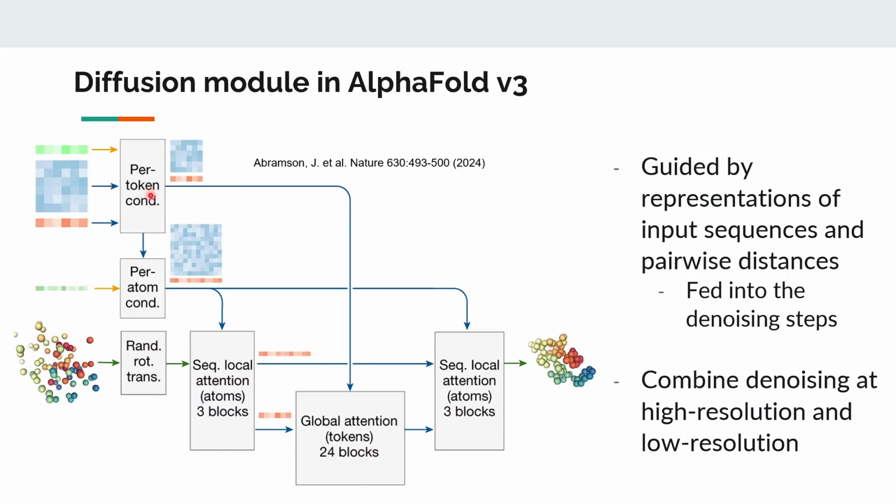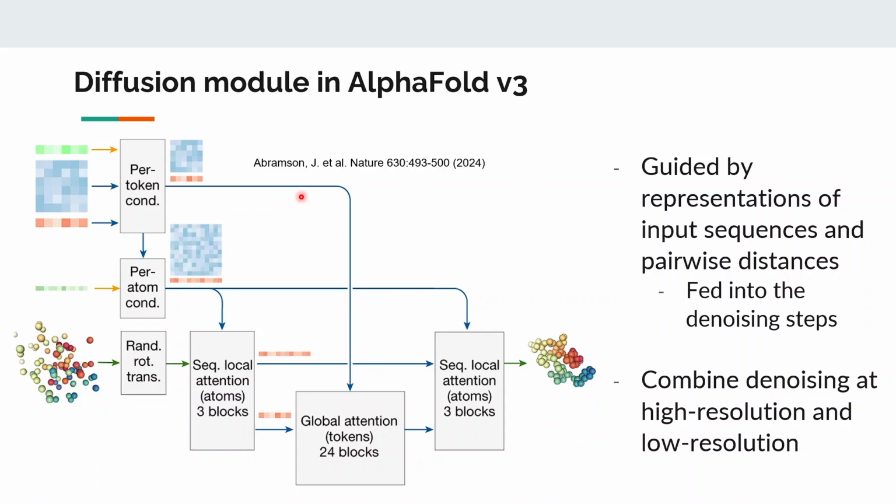And if you go to that paper, you're going to see this diagram that tells you that the information about sequence alignment, information about distance constraint is going to point to this diffusion process to condition the generation. Like from random positions, the diffusion process is going to move the positions of the atoms, and the movement is going to be guided by the multiple sequence alignment information.